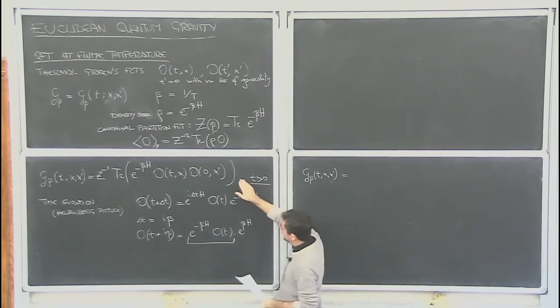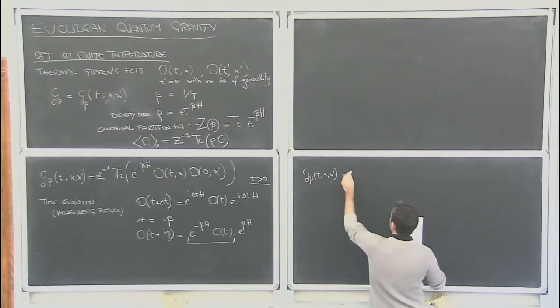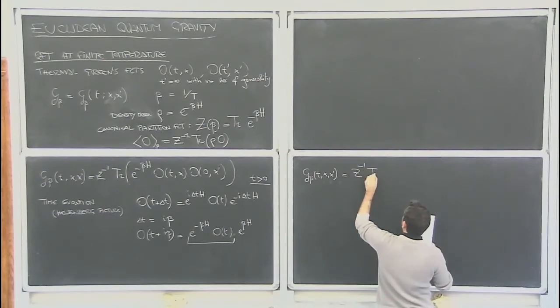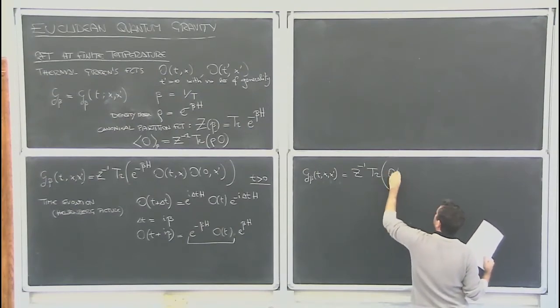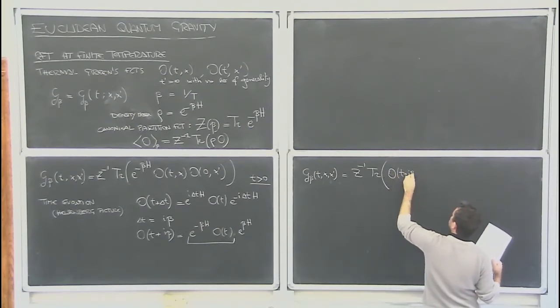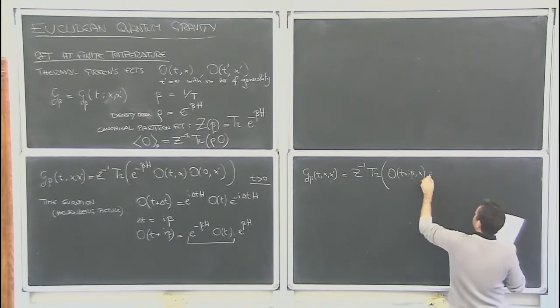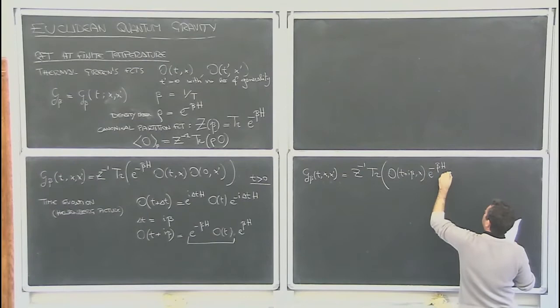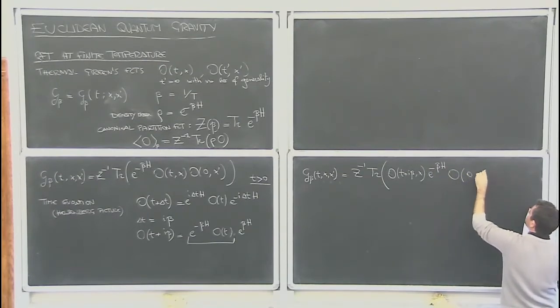Okay, I take this definition and I do what I just said. So it becomes zeta minus 1 trace of O of t plus i beta x, e to the minus beta H, O of 0 x prime.